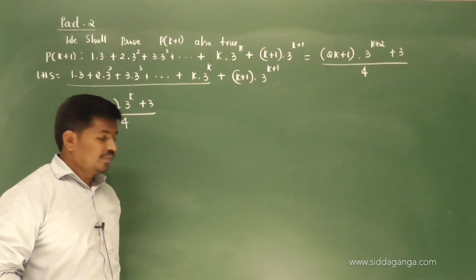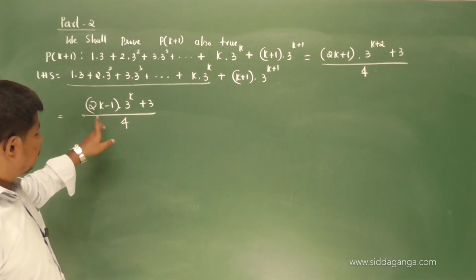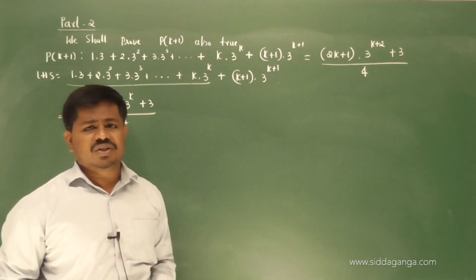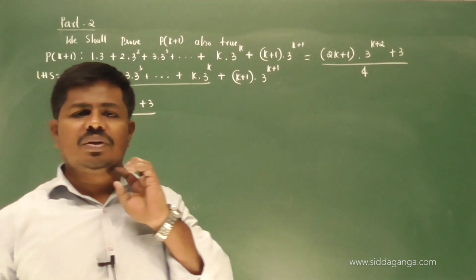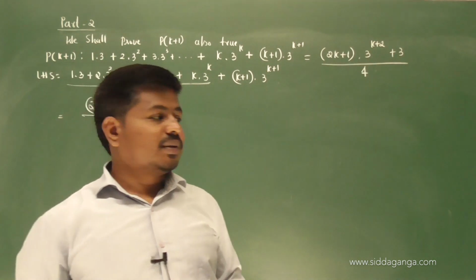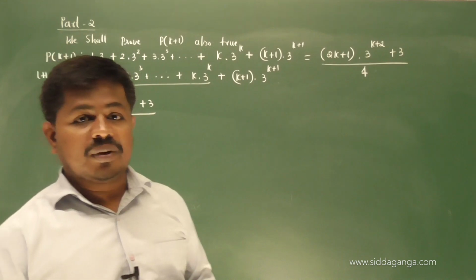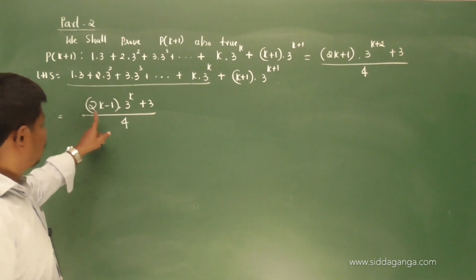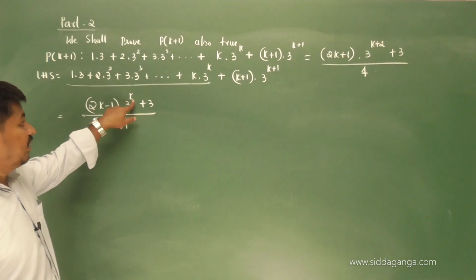The given statement is 1 into 3 plus 2 into 3 square plus 3 into 3 cube and so on, the nth term n into 3 power of n, equal to 2n minus 1 into 3 power of n plus 3 whole divided by 4.